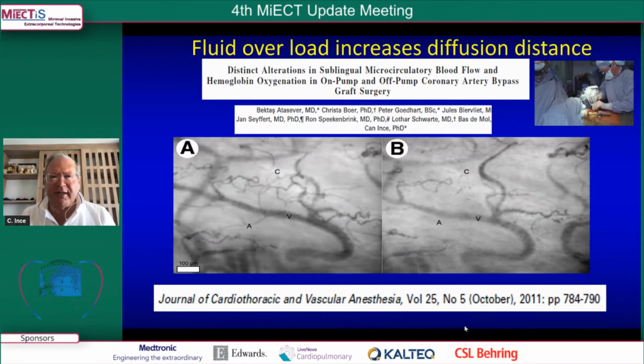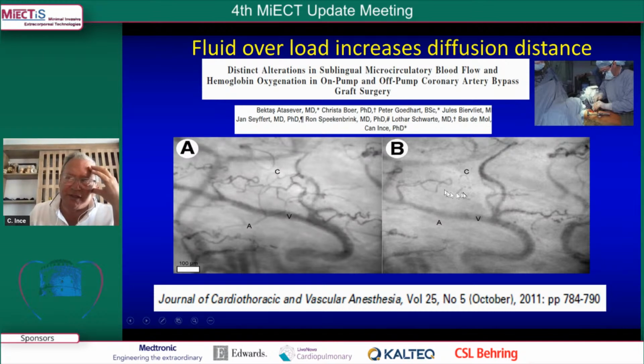And here we see what happens during cardiac surgery. On one and the same spot, we see before and during surgery. If you look carefully, you will see that before surgery, these vessels here are well perfused. Everything that's dark is red blood cells, the hemoglobin in the red blood cells.